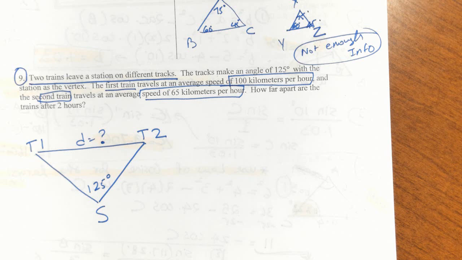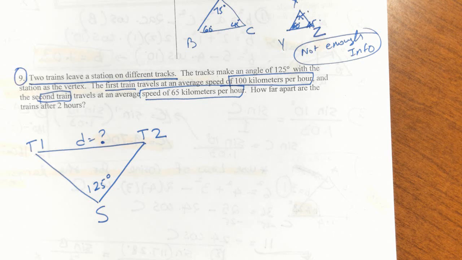Then it also gives me some numbers. It says the first train leaves at an average speed of 100 kilometers per hour. It doesn't tell me how much distance it has traveled by that statement. Train 1, going to the station, is traveling at 100 kilometers per hour. Train 2, going to the station, is traveling at 65 kilometers per hour. So it's giving me the speed, it's not giving me the distance. Do I have the distance?